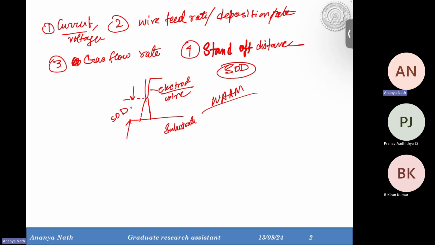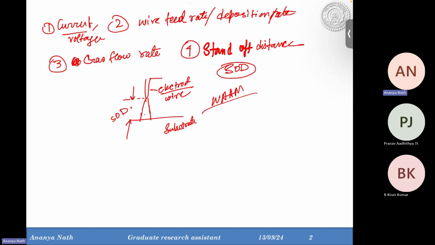If the arc is like this, then the stand-off distance is very important. In other additive processes also, the stand-off distance is important, but here I am putting much emphasis on it because the arc is getting established within this SOD.